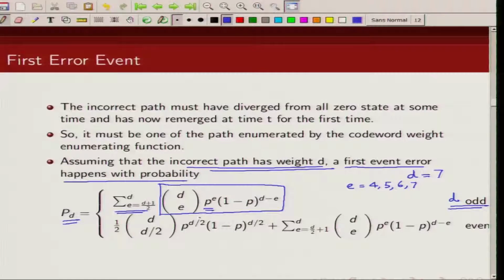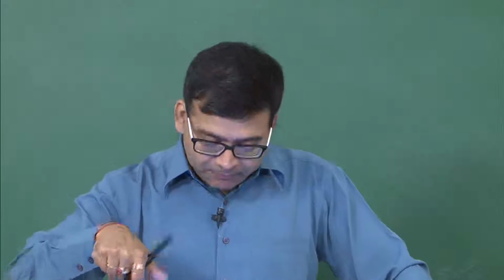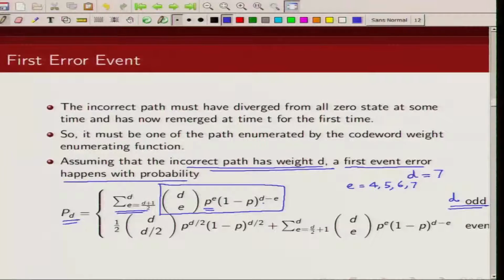Now, if p is the crossover probability of flipping of the bits, then p to the power e will give us the probability that e bits have flipped, and (1 minus p) raised to the power d minus e will tell us the probability that d minus e bits have not flipped, and d choose e is the number of possible combinations in which we can have e error patterns among this set of d weight.